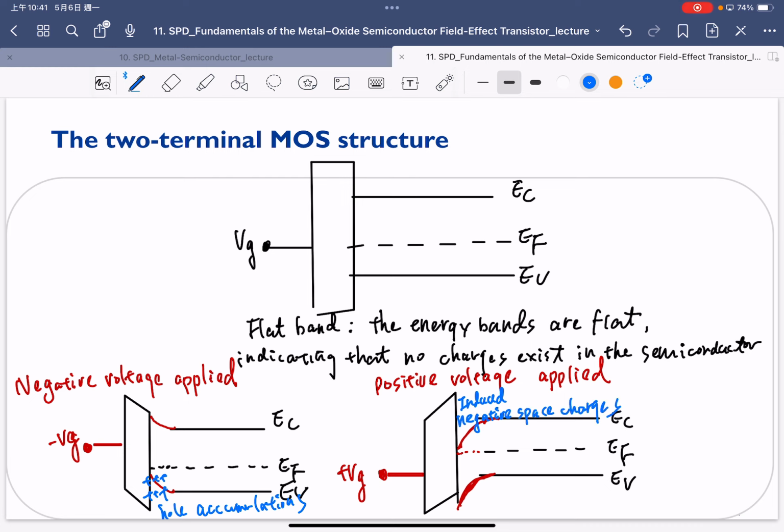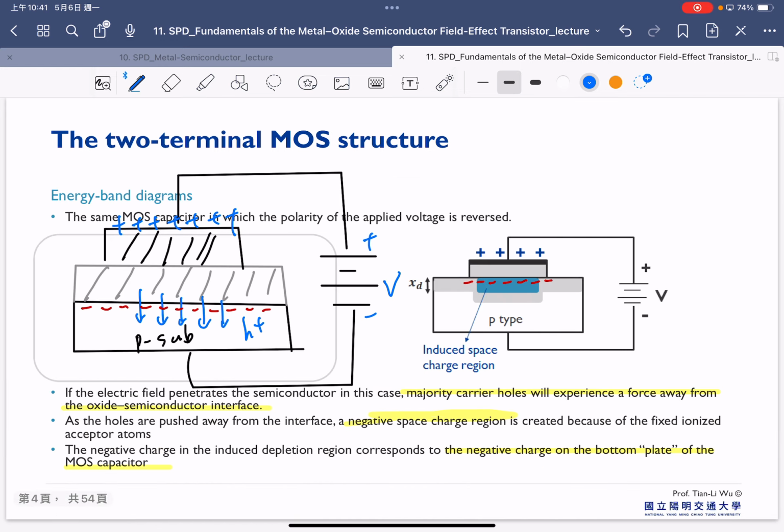So we can expect there's a negative space charge here with a depletion width, a certain width XDT, as shown here. So this band diagram is still very consistent with the idea shown here as well.